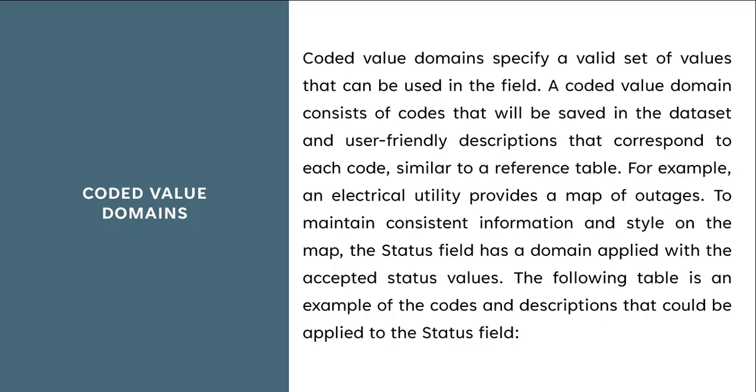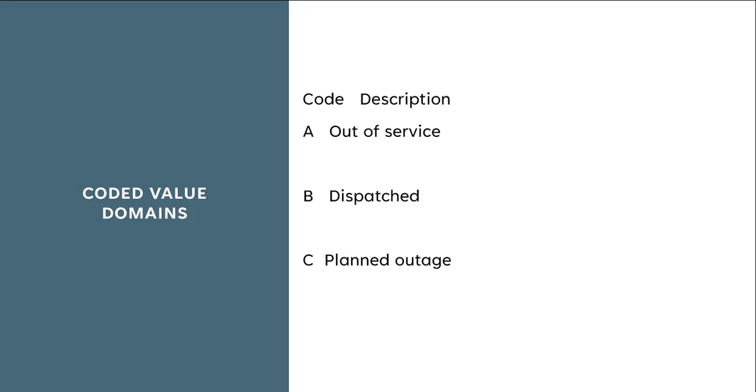The following table is an example of the code and description that could be applied to the status field. Code A, description, out of service. Code B, dispatched. Code C, planned outage.